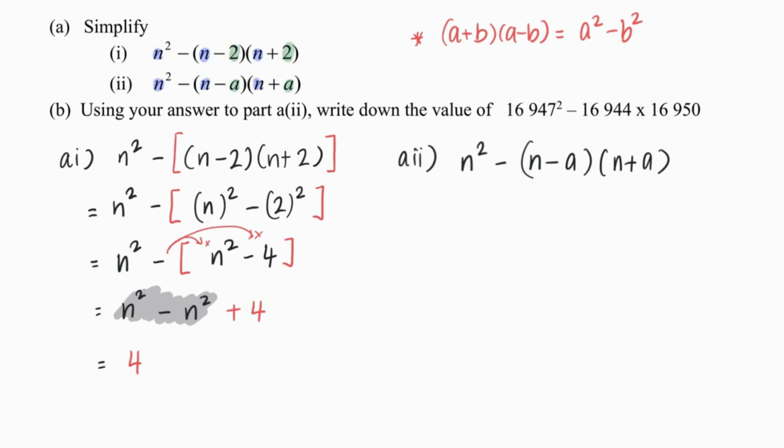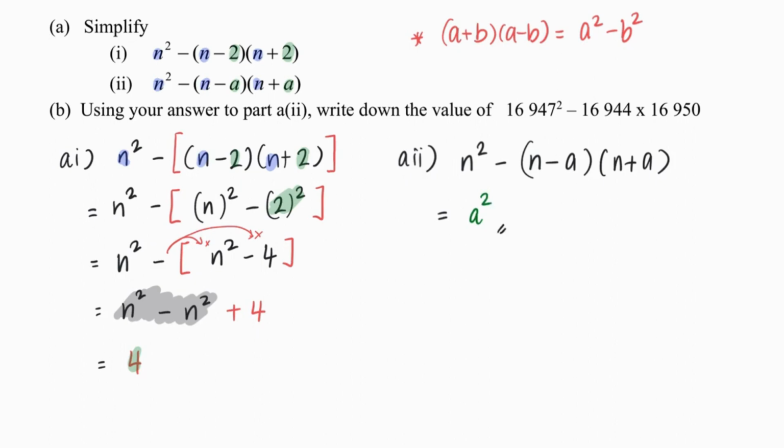Do you see that? And therefore, if I know that this final answer is going to lead me to 2 times 2, 4. It comes from here. Therefore, here for part 2, I don't even need to do all the working. Straight away, 4a square. Done. Just by pure observation.